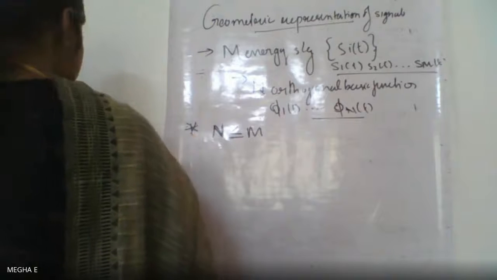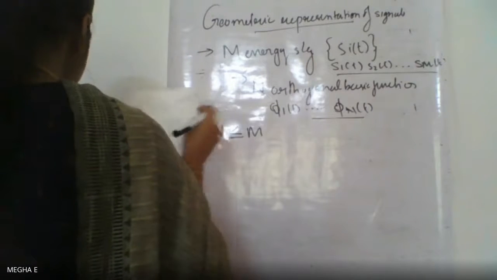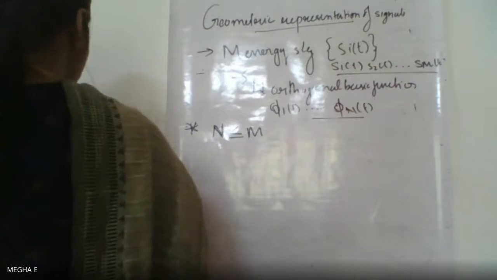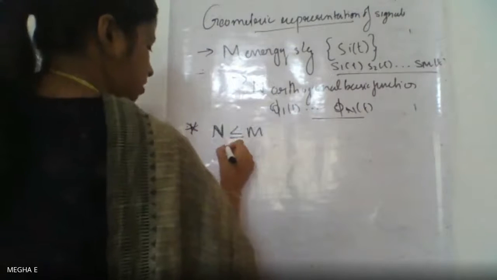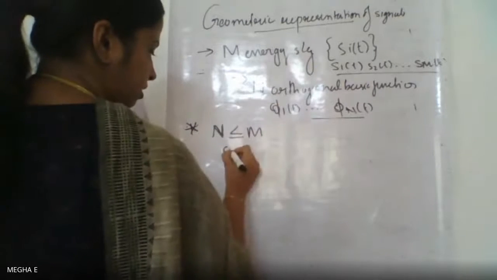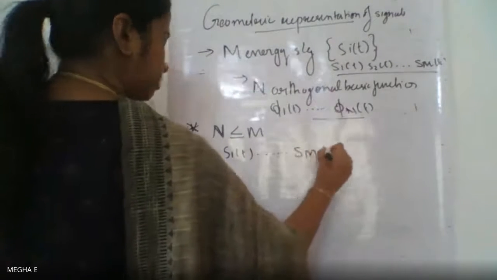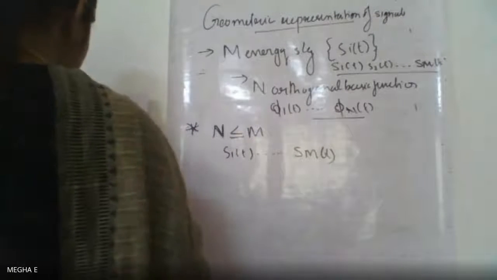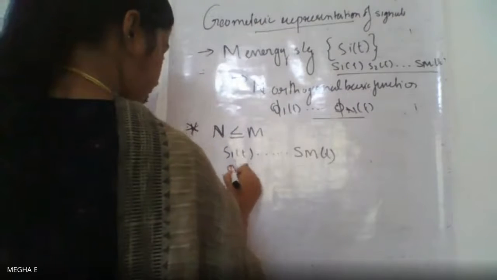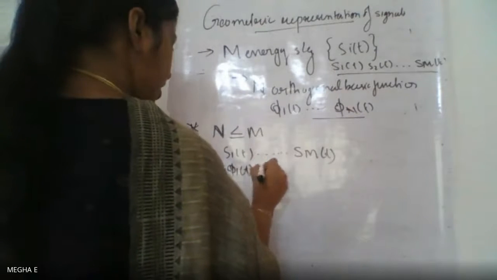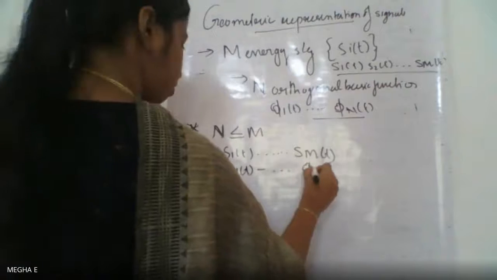And here we can consider an example. Here we have real valued energy signals, that is s1 of t, etc., sm of t, and basis functions phi1 of t, etc., phin of t.